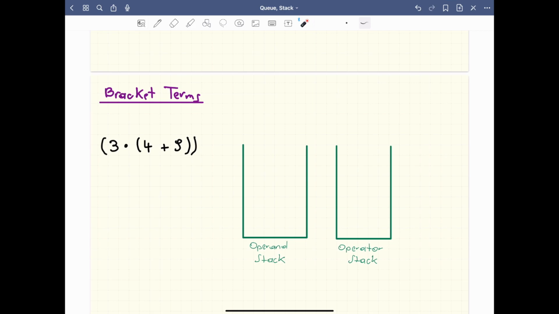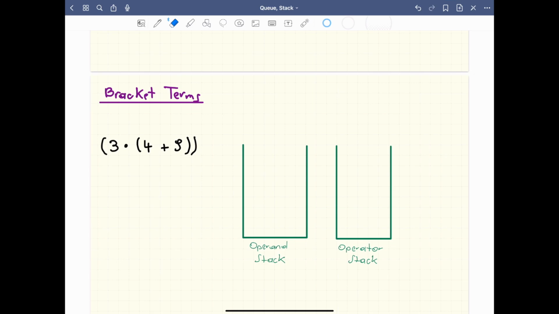If we come to some opening bracket, we ignore it. If we come to some number, we put it on the operand stack, and all the operators go to the operator stack. As soon as there's a closing bracket, we have to use the top operator together with the two top operands, apply them, calculate whatever the result is, and push the result back to the operand stack.